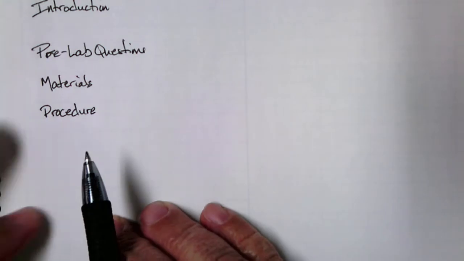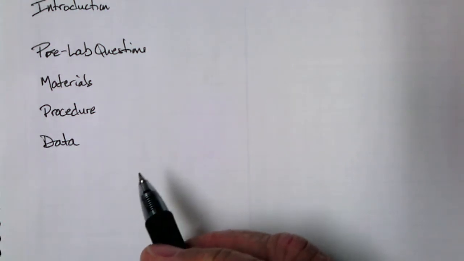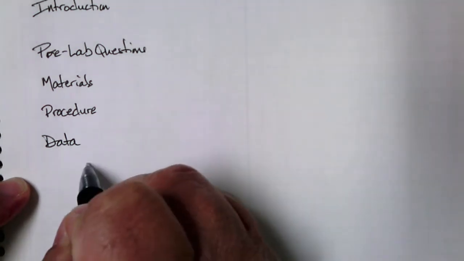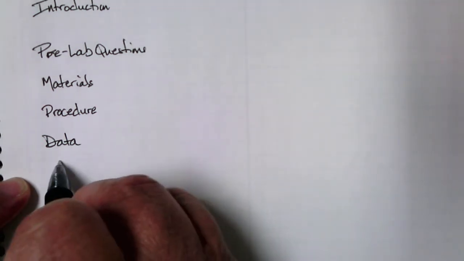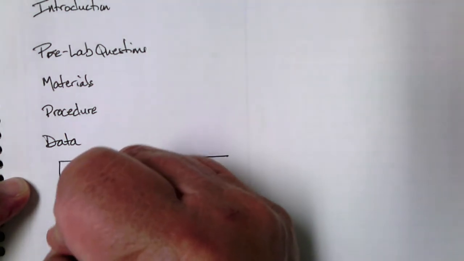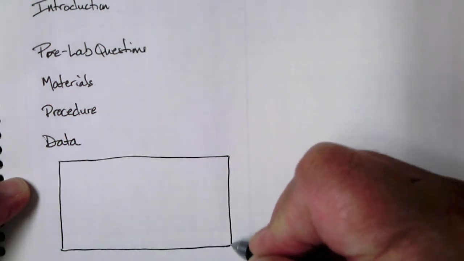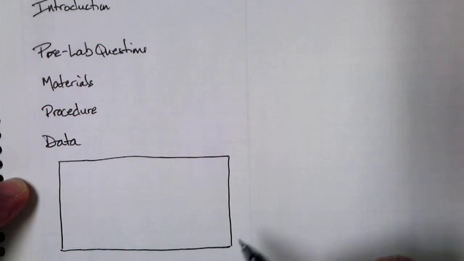The next thing that you would have is your data section. Typically, we want to organize our data in tables whenever possible so that it's clearly understood. Typically, you can have a data table that's a couple of rows and a couple of columns. The lines on the graph paper are particularly nice for that.